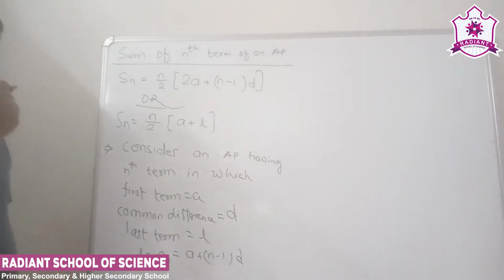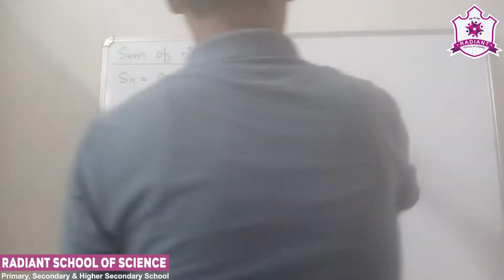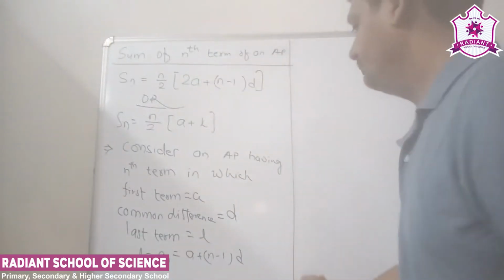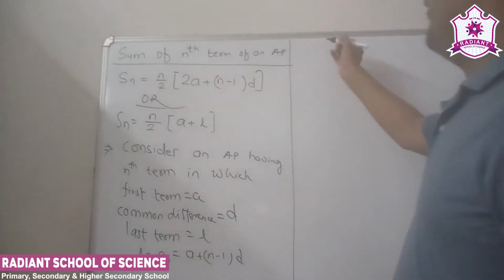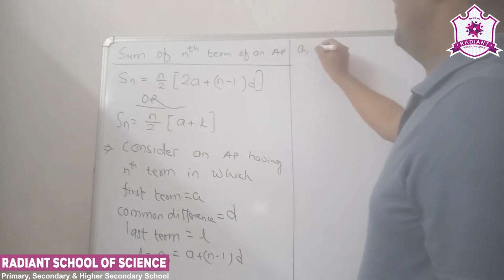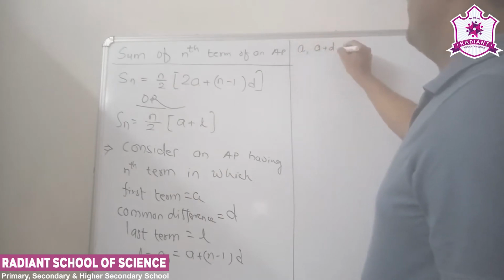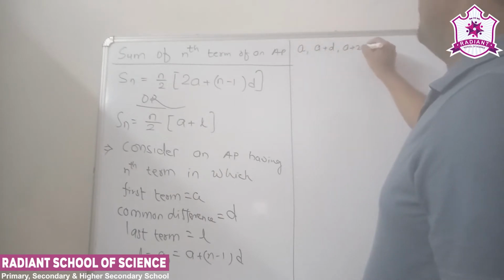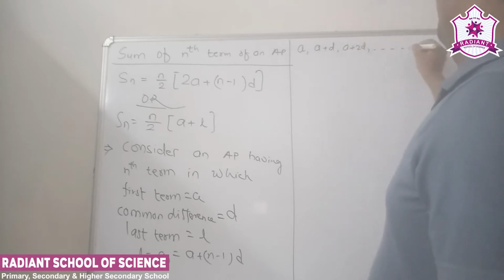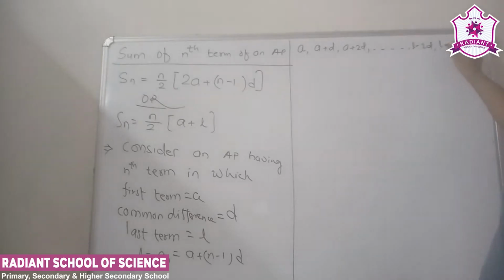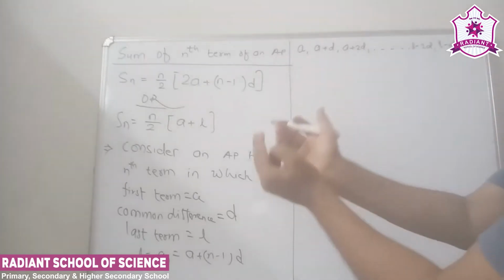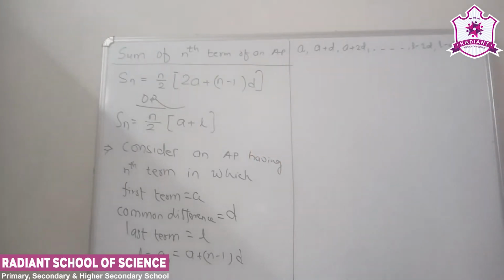Now our AP becomes: first term a, then a plus d, a plus 2d, up to l minus 2d, the second last term l minus d, and l. Here l means a plus (n minus 1) into d.